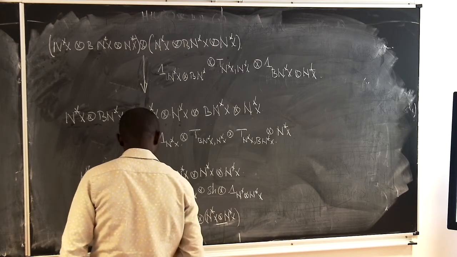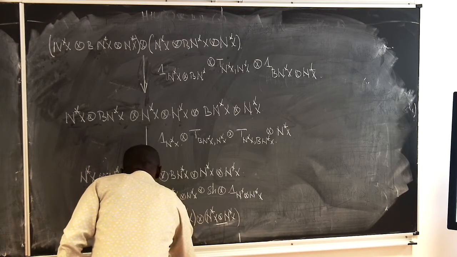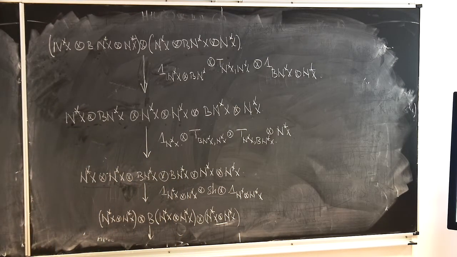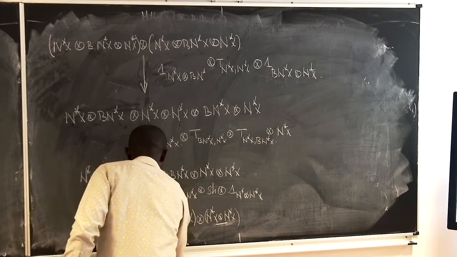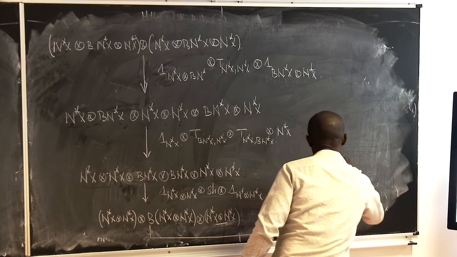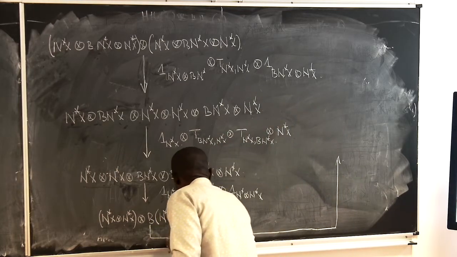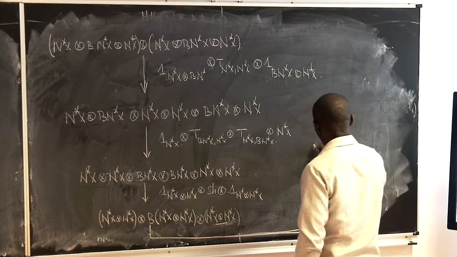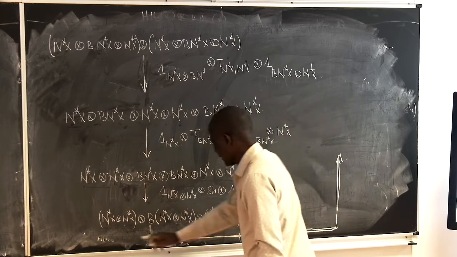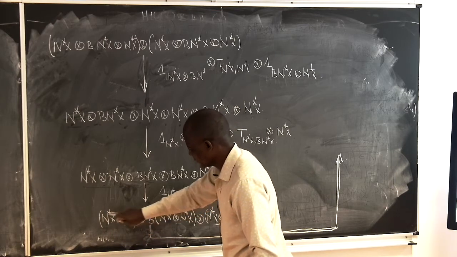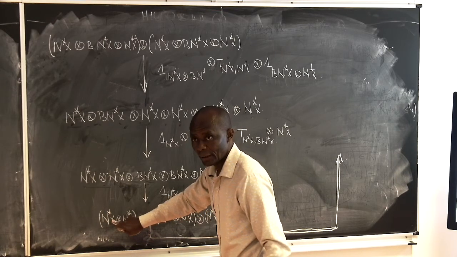And then using this, you use the map nu defined here. Here we use the product on this, because Nx is an algebra, it's the quotient algebra.